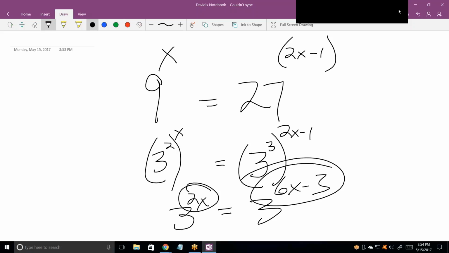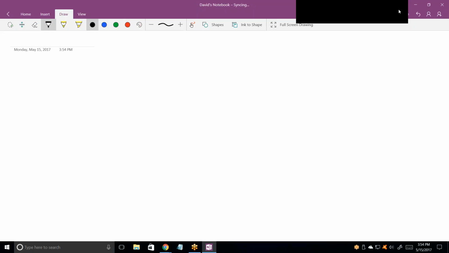Okay. How about this problem? What kind of an equation is this?